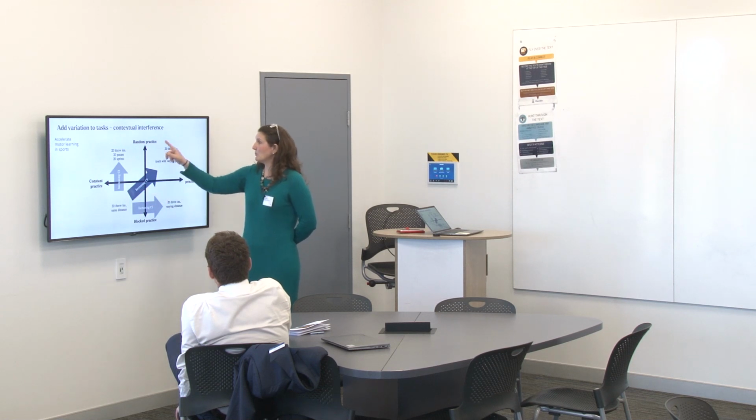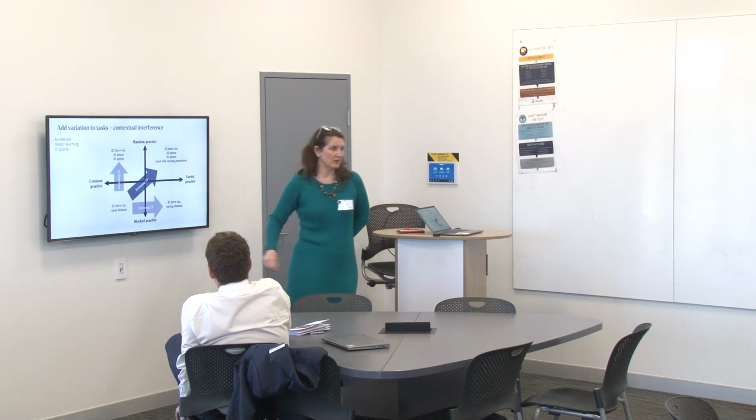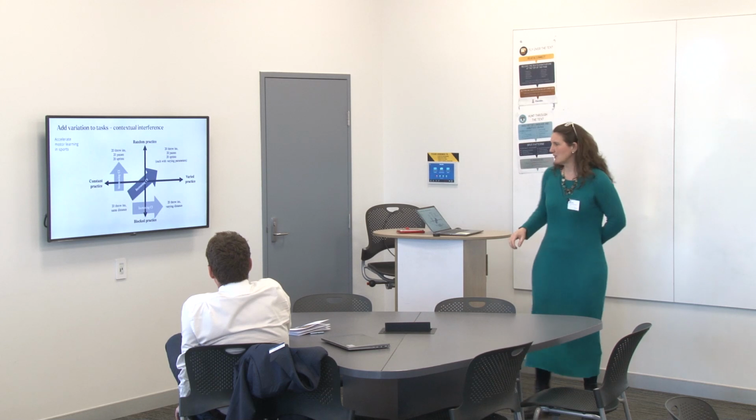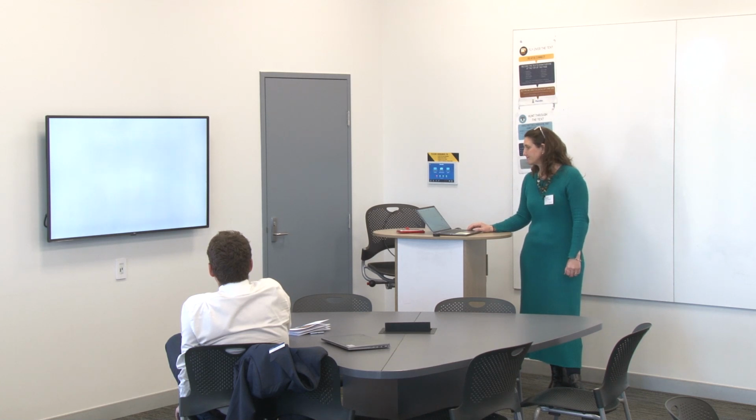Or you could complicate it more by having a combination of different skills at different distances as well. So it's adding more challenge. Rather than doing more repetitions of something, it's adding more depth and challenge.